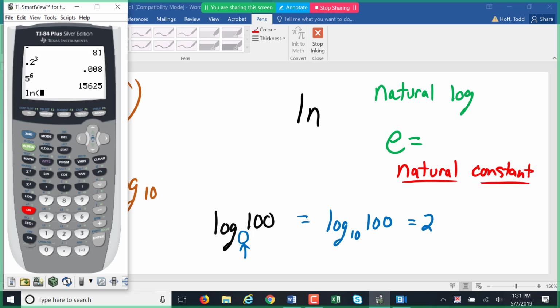And E, oops, let me clear that out. I actually need to do second. The number E is 2.718281828, and it goes on forever. It does not keep going 18281828. It gets out of that pattern.